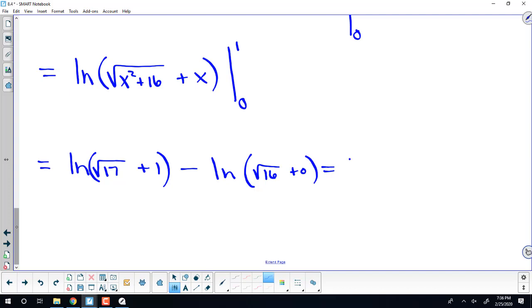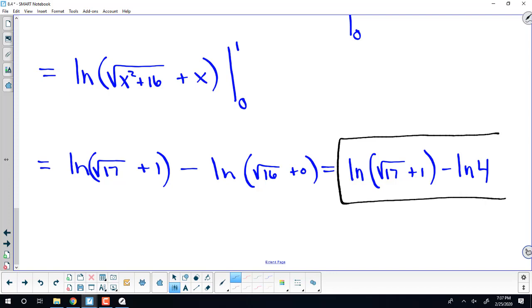So I guess we'll just leave this exact. It's usually preferred to leave as an exact. So that's our exact answer. Again, the other thing we could do, we've got the log of this minus the log of that.